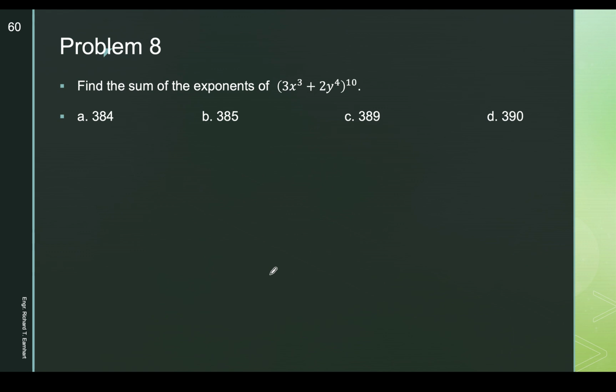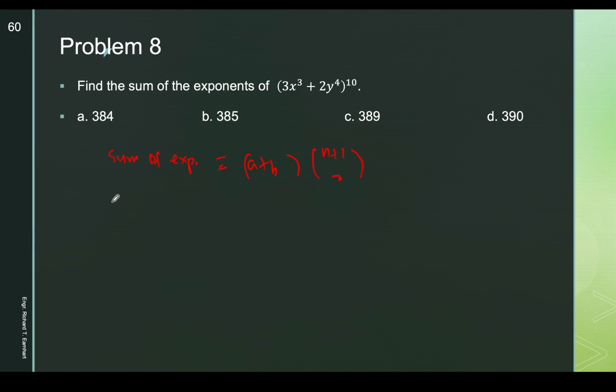Number 8. Find the sum of the exponents of (3x cubed plus 2y to the 4th) raised to the power 10. So this time we get the sum of the exponents. The sum of the exponents is equal to (a plus b) times n times (n plus 1) over 2. This is a combination.